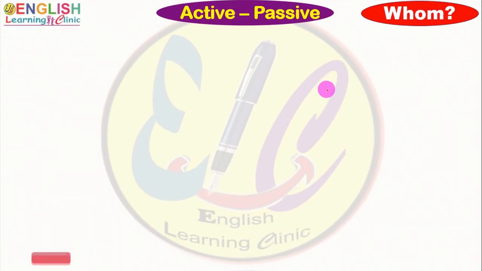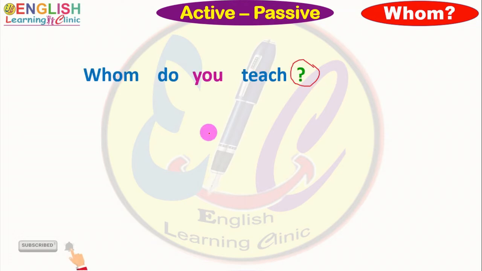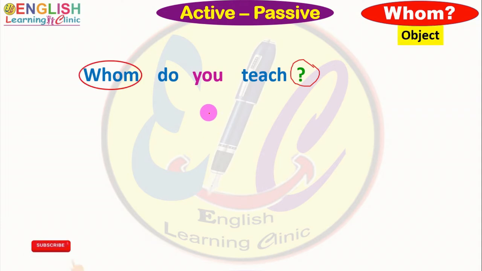Now this is another interesting part of the change of the voice of the verb in WH question begins with whom. Guys, you all know, to find out the indirect object of a sentence, you have to ask a question to the verb with the WH word whom. And naturally, whom takes the place of the object.